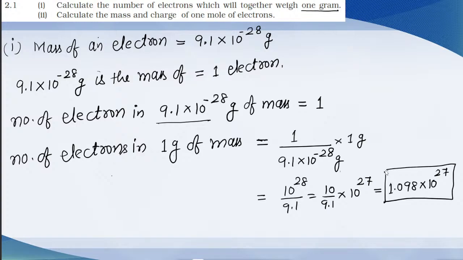Okay. Next question. Calculate the mass and charge of 1 mole of electrons. First of all, we should know the mass and charge of 1 electron.